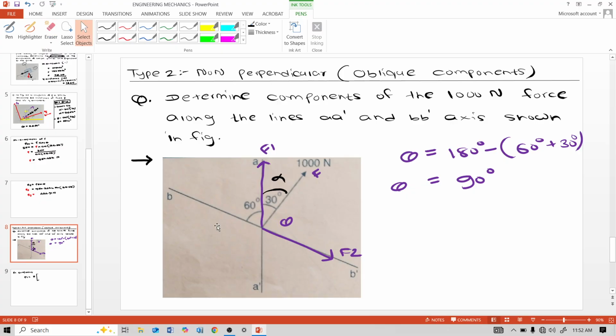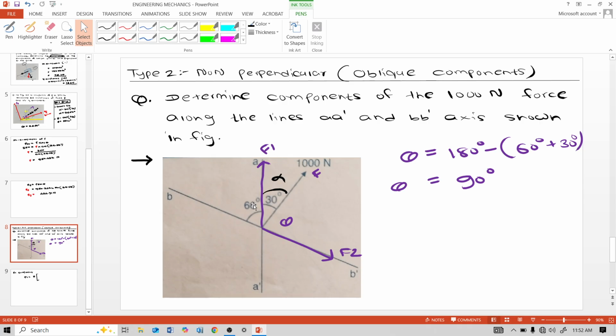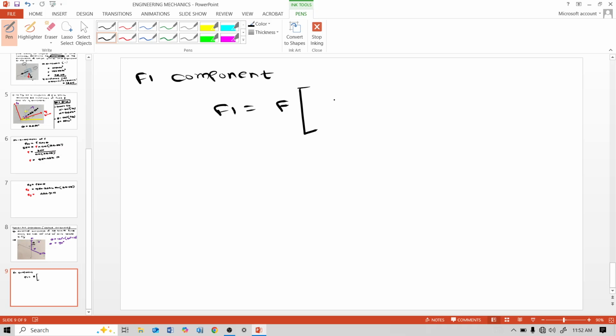Here is how the formula develops. We are calculating this F1 oblique component. The angle between F and F1 is alpha, but don't take this alpha in the numerator; take the other angle, theta. So that way this formula will develop.